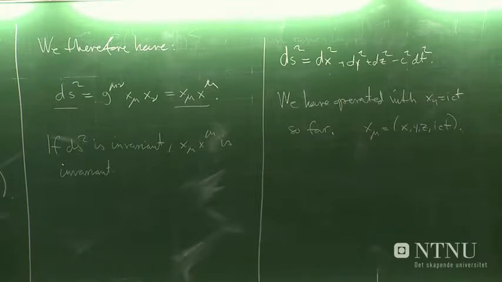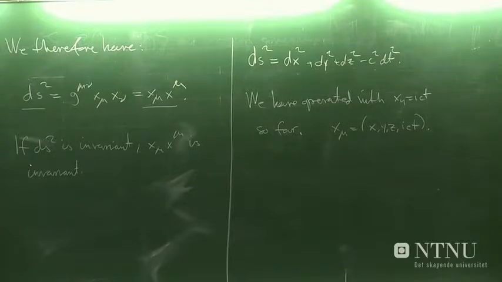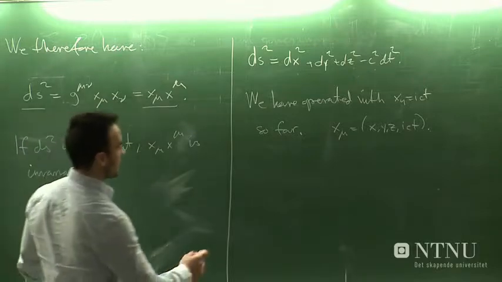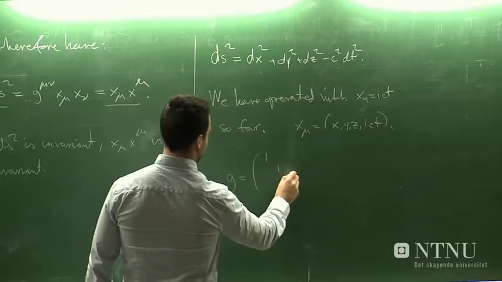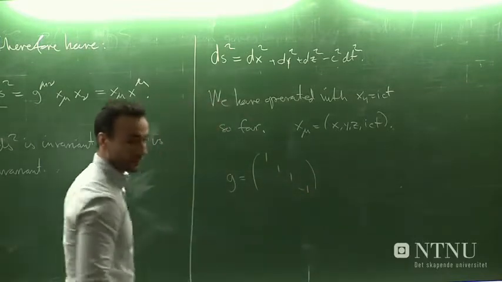Okay. Any suggestions for G? All ones on the diagonal except the last one, which is -1. Okay, let's try. So you suggest that G is like this.